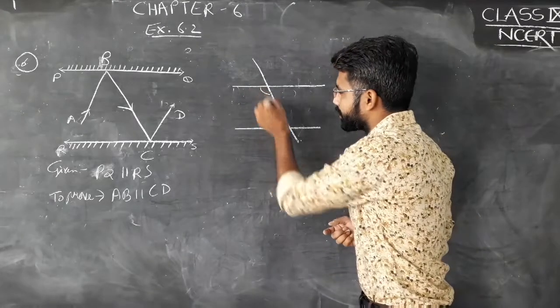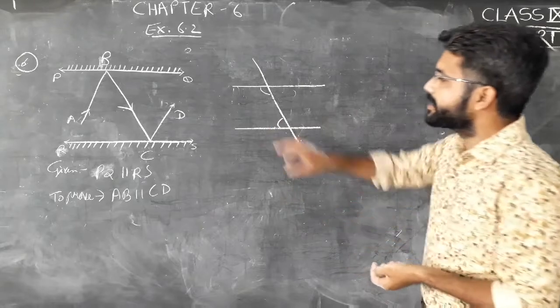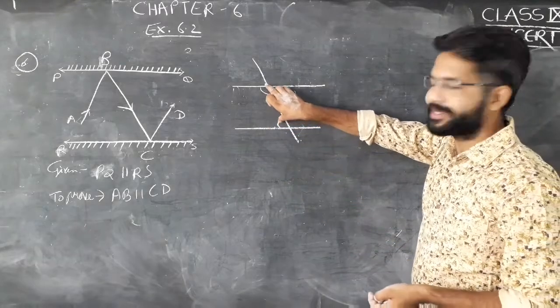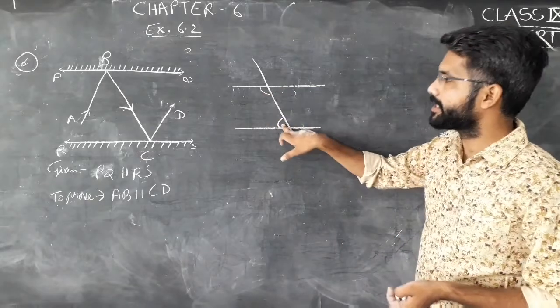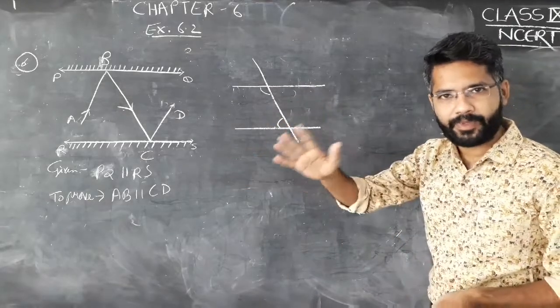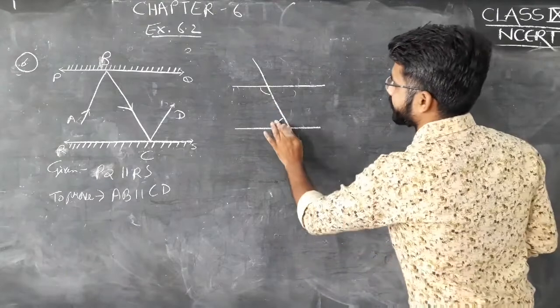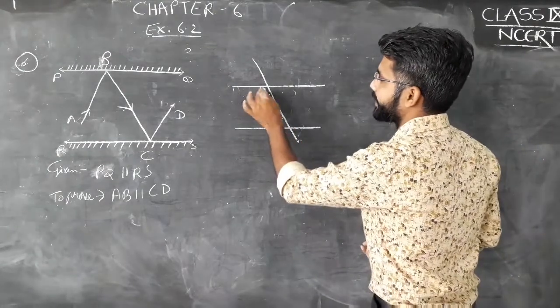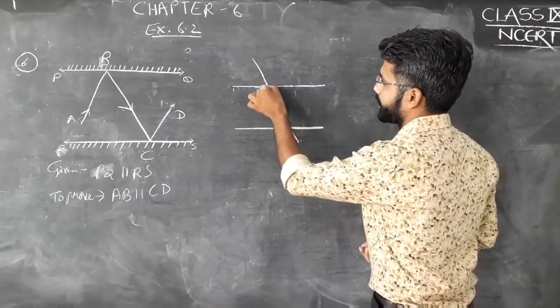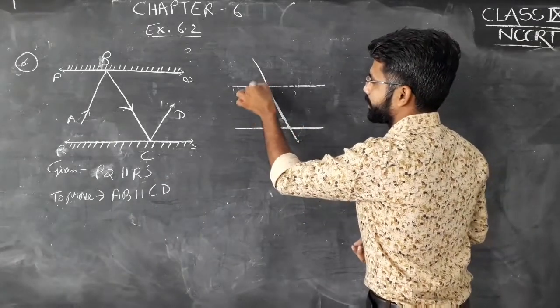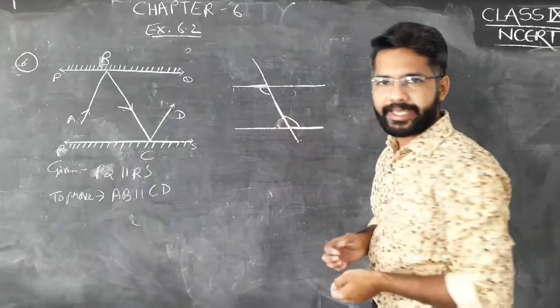The first condition is that the sum of the interior angles on the same side should be equal to 180. Second condition, if a transversal line is there, then we have to show that these two angles should be equal.